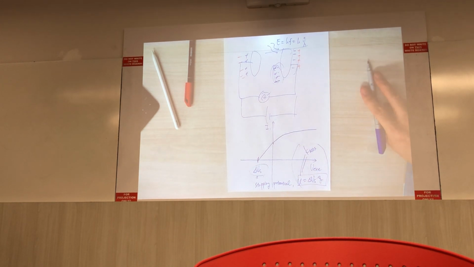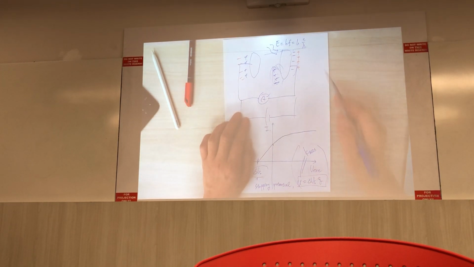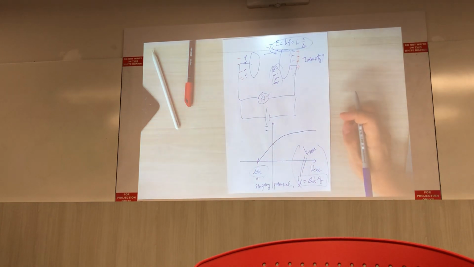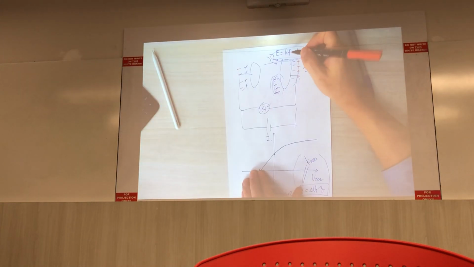Alright, now I finish one set of experiment, and I will move on to the next experiment, where I want to increase the intensity. Then from this equation, you will see that there are two ways to increase the intensity. The first way is you can increase this frequency.